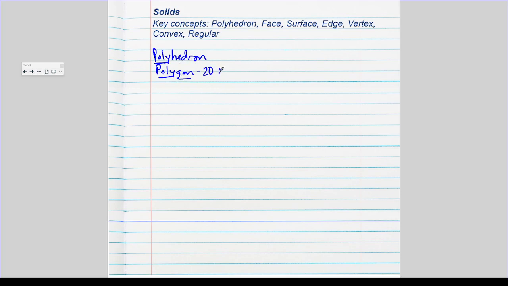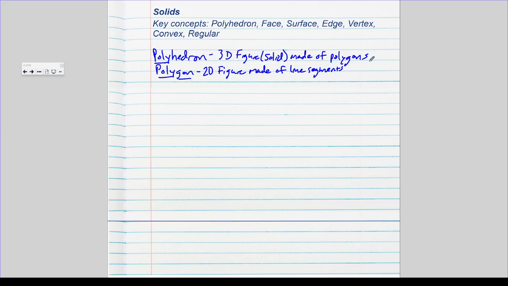So a polygon is a 2D figure made of line segments. A polyhedron is a 3D figure, which we call a solid, made of polygons.